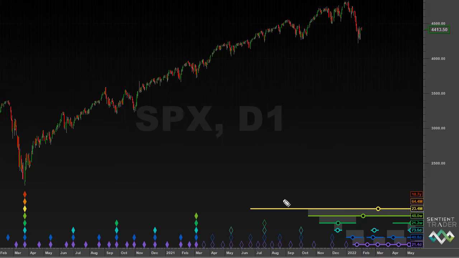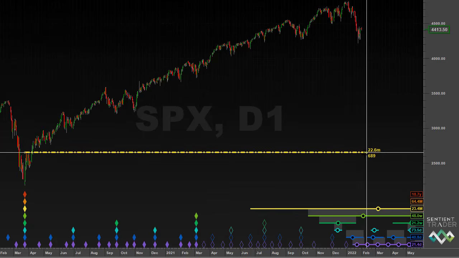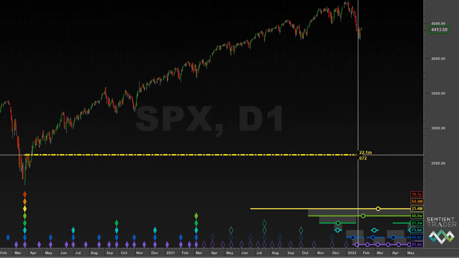I've hesitated to show it because many Hurst analysts, dare I say most Hurst analysts, would definitely question the possibility that an 18-month cycle trough is only forming now, because of the fact that there have been 672 days that have elapsed since the March 2020 trough. That is way too long, most analysts would agree, for an 18-month cycle. The average length of an 18-month cycle is 546 days. 672 days is really too long.